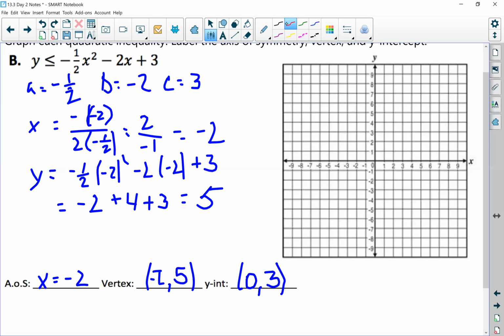All right, so axis of symmetry at x = -2. Vertex at (-2, 5). Y-intercept at (0, 3).